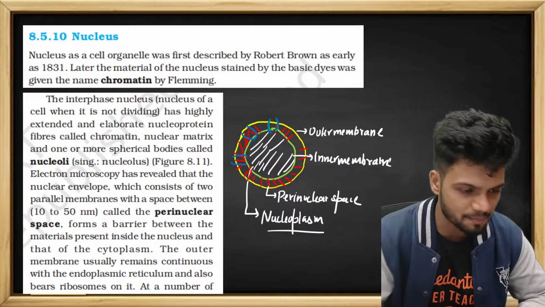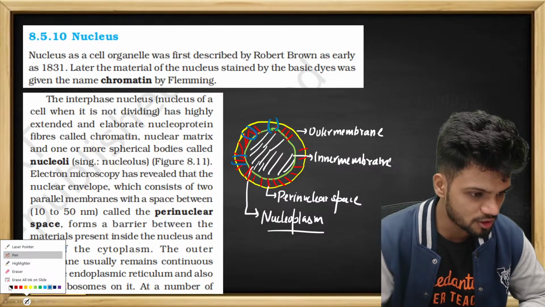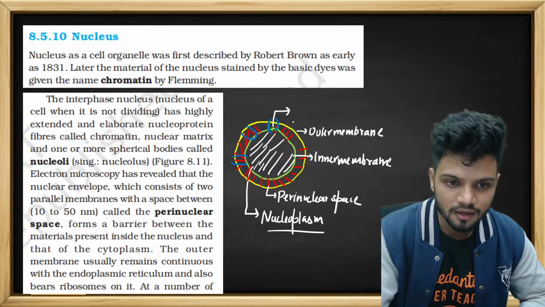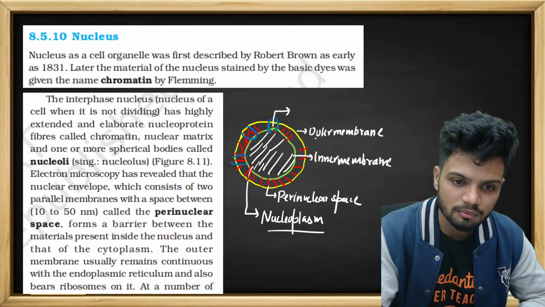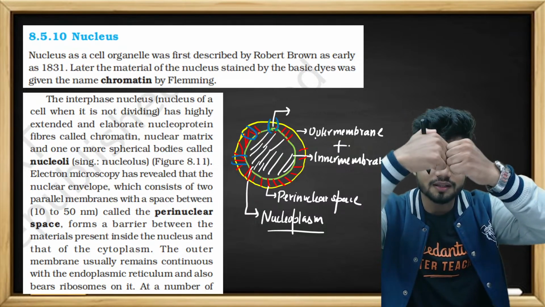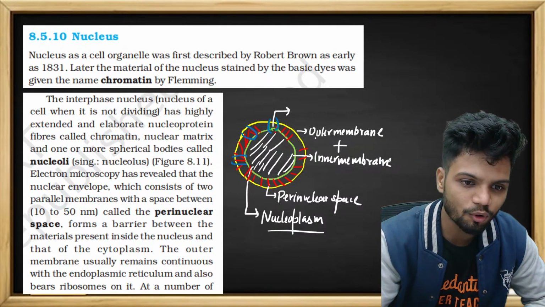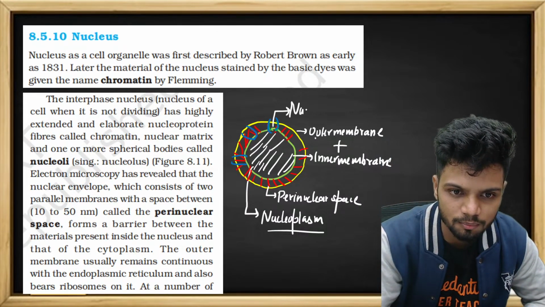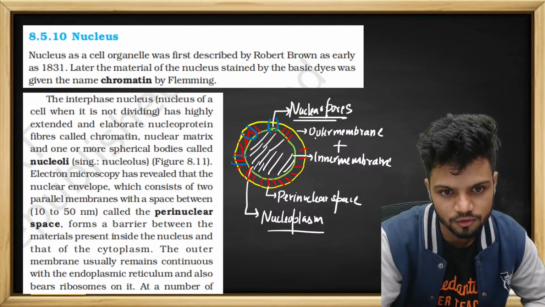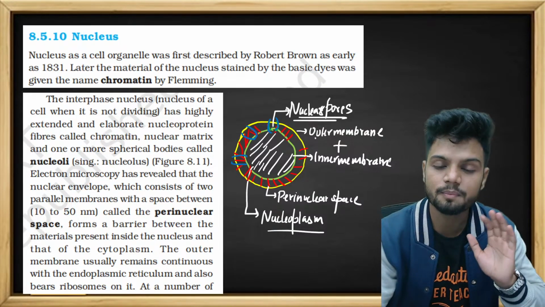There are small gaps here in the perinuclear space. This happens when the outer membrane and inner membrane join together, they make up small gaps. These small gaps are called nuclear pores. Nuclear pores are present here.